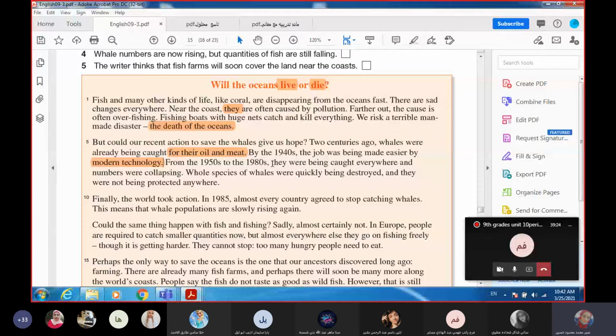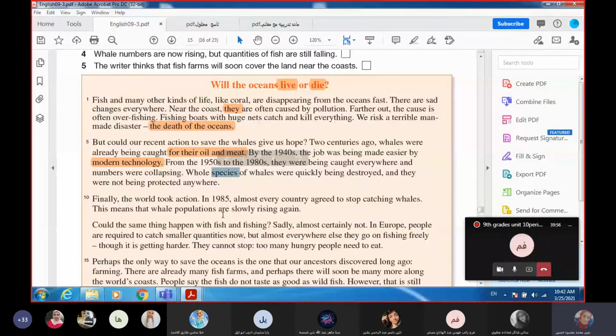They were being caught everywhere and so the number of whales was collapsing. What do you mean by collapsing? Falling, the opposite of rising. Whale species, meaning kinds or types of whales, were quickly being destroyed.